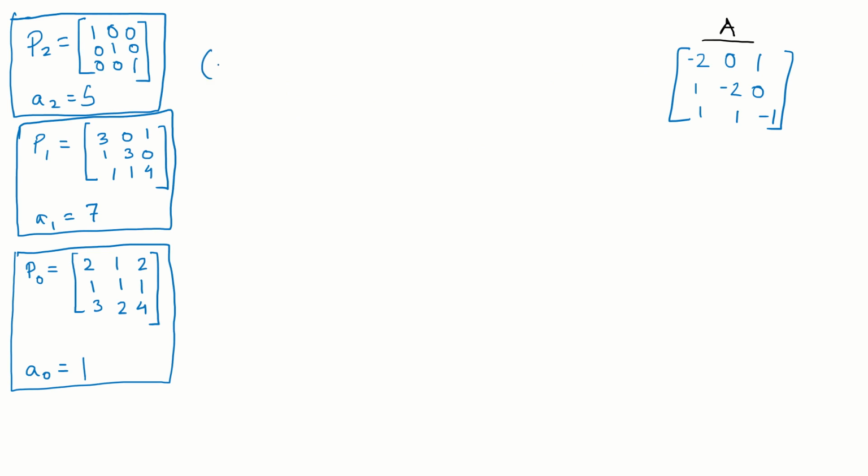So what is (sI minus A) inverse? (sI minus A) inverse is basically equal to P(n-1) s^(n-1) plus P(n-2) s^(n-2), like that. So here we started with P2 s square plus P1 s plus P0 divided by s^n plus A2. So n is 3 here, so we write 3 in this place.